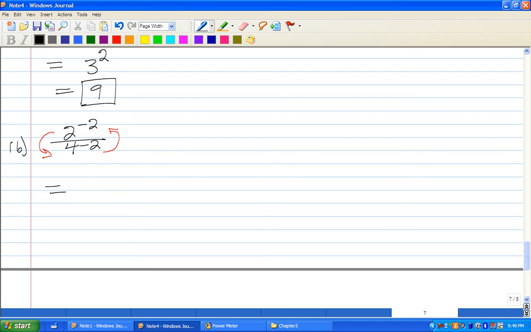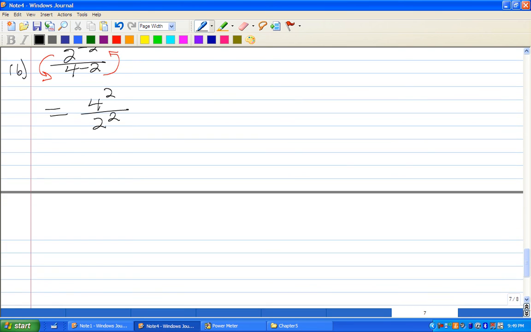And so I get 4 squared over 2 squared, which is 16 over 4, since 4 squared is 16 and 2 squared is 4. 16 divided by 4 is 4.